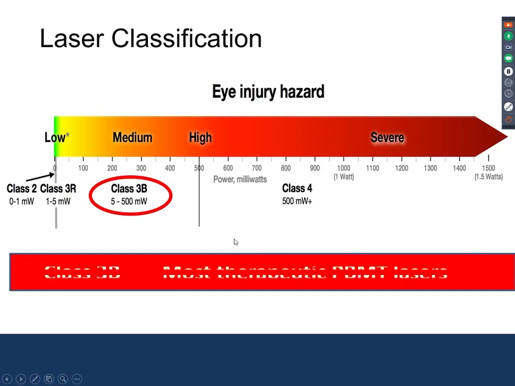The reason for that is class 3B provides enough energy to cause a therapeutic effect, but not too much light to cause a heating effect, and not too little light to cause no effect. So generally speaking, if you're going to use a single laser diode or one or two laser diodes, it should be in that class 3B. If it's class 4, well, you're not dealing with photobiomodulation.